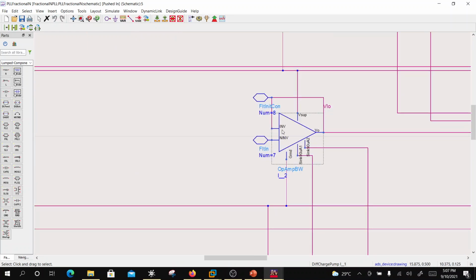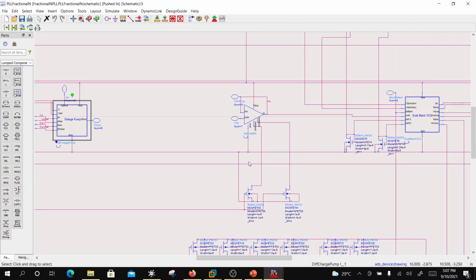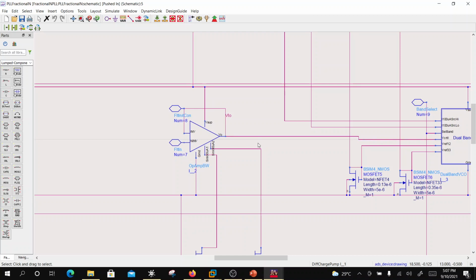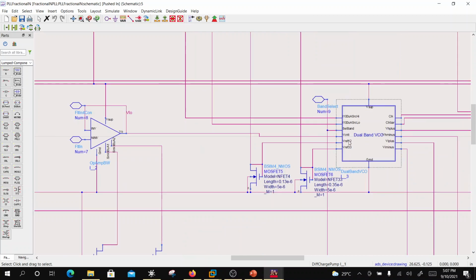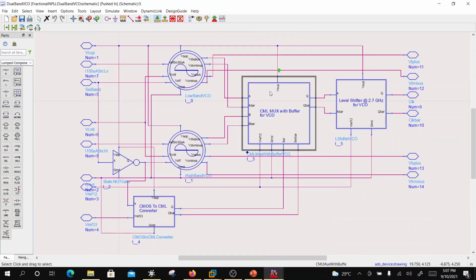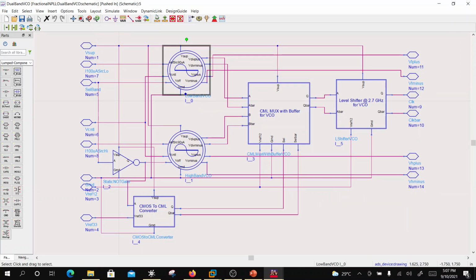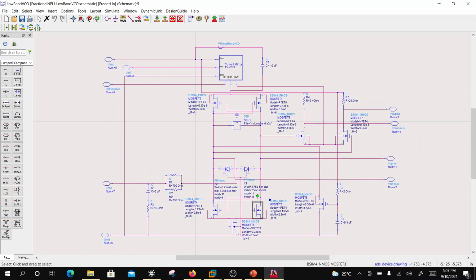Now, we actually don't use an op amp here. We use some kind of a follower, because an op amp has more delay in it, so you are introducing delay in the fractional N loop. Why this was there is because in these VCOs, when you go to a certain voltage level, these diodes start conducting, which means they are going to leak the charge.